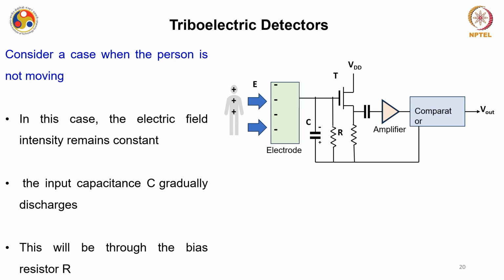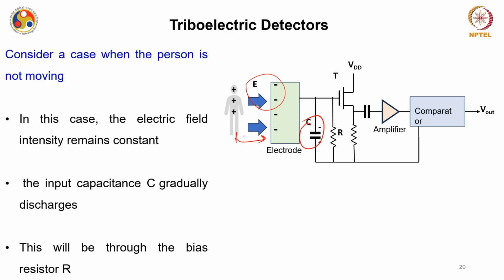One is the case where the person is not moving, and in the other case we will see what happens when the person is in movement. Let's consider the first case, when the person is at a static place and not moving. In this case, the electric field intensity E remains constant, because the associated field lines are not changing. Now there is a field established and this capacitance is fully charged.